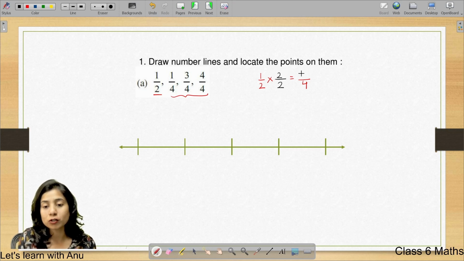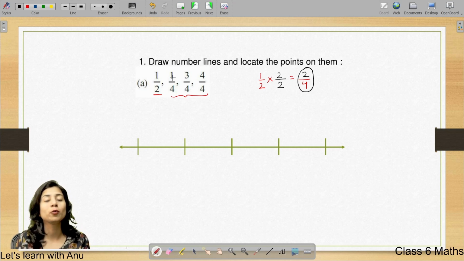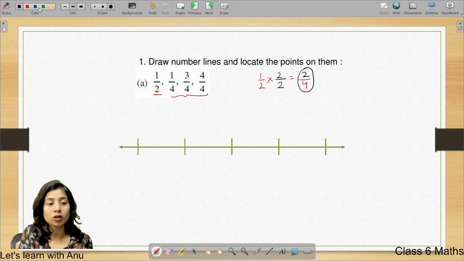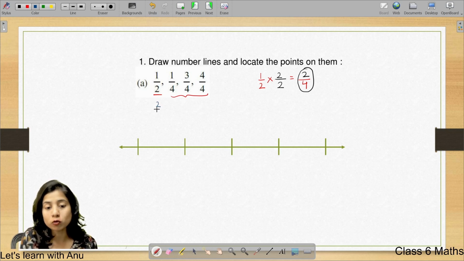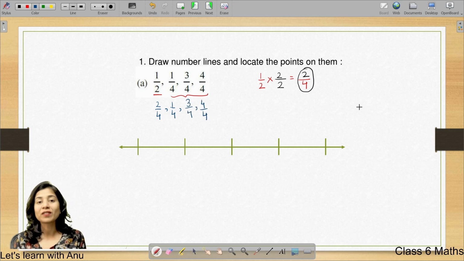So 1 into 2 is 2, 2 into 2 is 4. So I have changed my fraction 1/2 into 2/4. Now the fractions that I have to plot are 2/4, 1/4, 3/4 and 4/4. I hope everyone is clear.